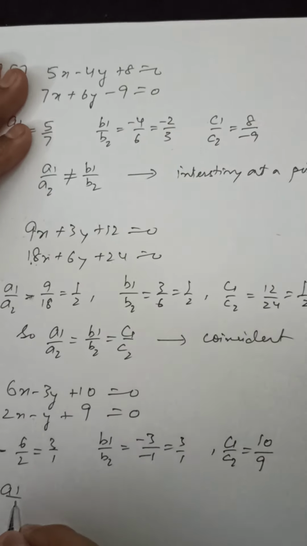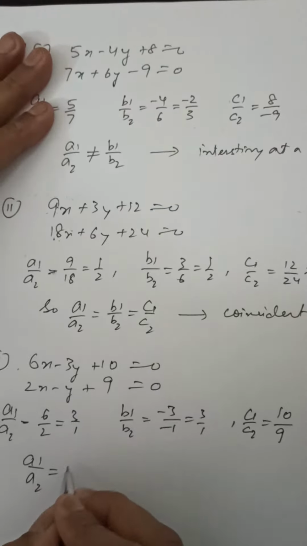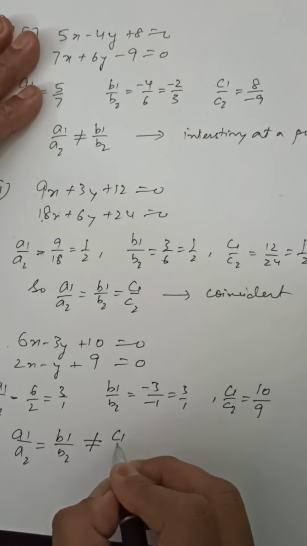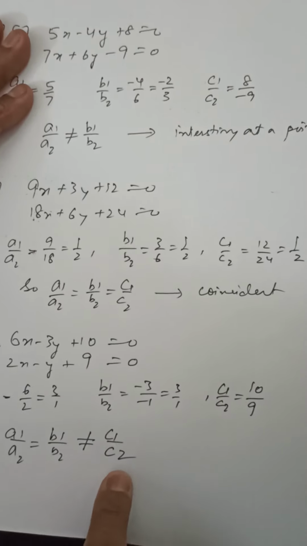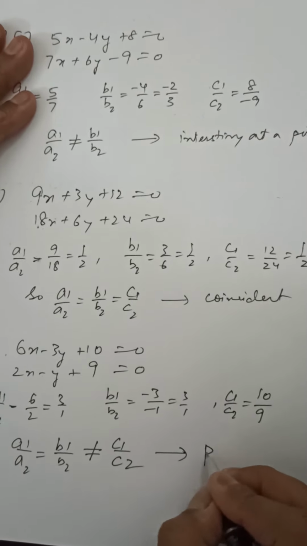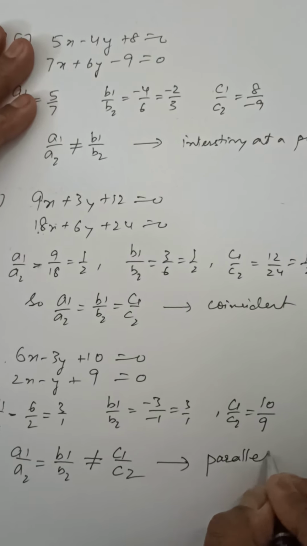So students, we can see that A1 upon A2 is equal to B1 upon B2 but is not equal to C1 upon C2. If it is not equal to C1 upon C2, this gives us parallel lines.